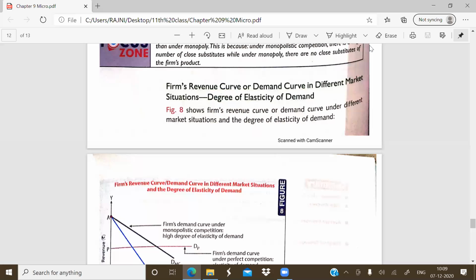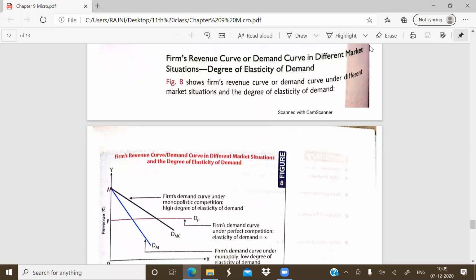So in case of perfect competition, monopoly and monopolistic competition, we have studied the demand curve of every market form. Now the question arises, how much elasticity is there?